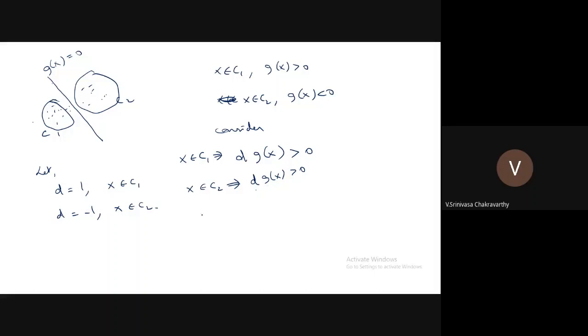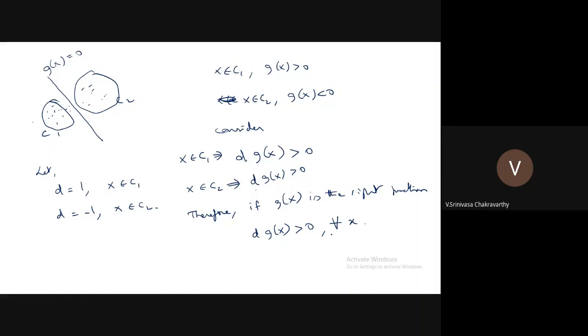So if G of X is the right function, and it is able to classify the data correctly, D times G of X is positive for all X. Okay, so that's a condition.